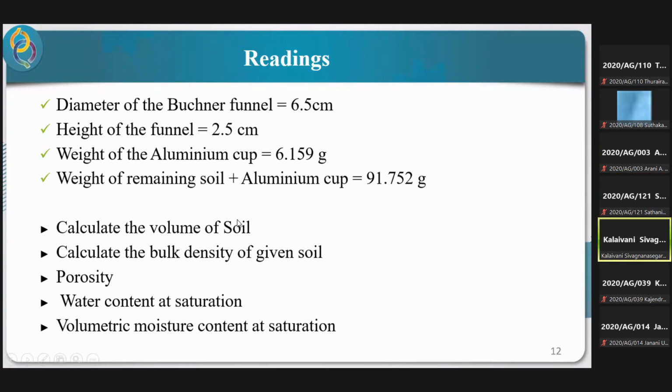Then you have to find out the bulk density. So you have to calculate the bulk density of the given soil. Can you calculate the bulk density? What is the equation for bulk density?